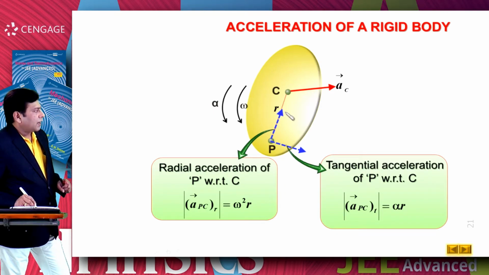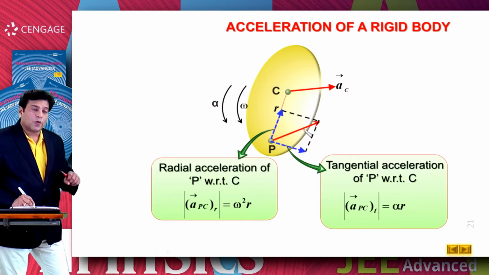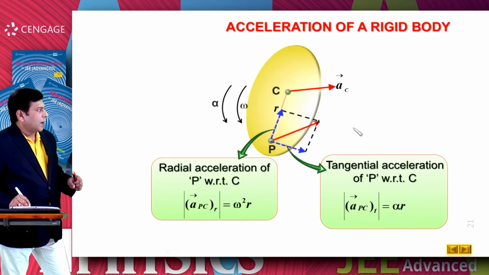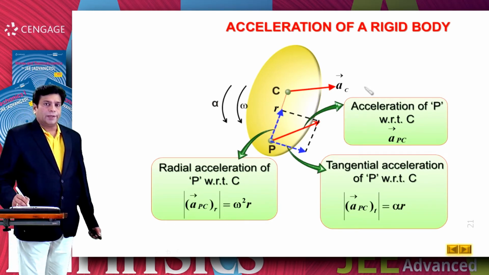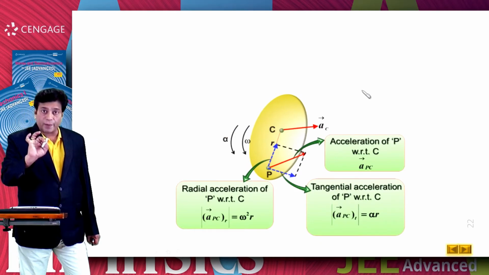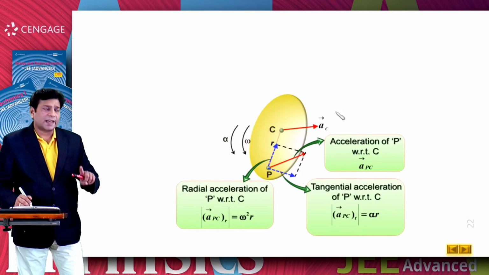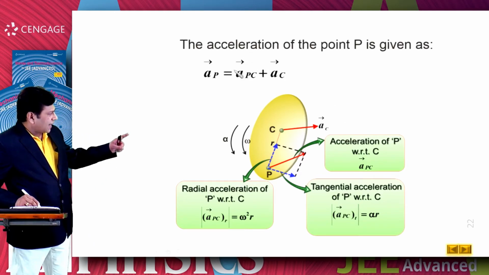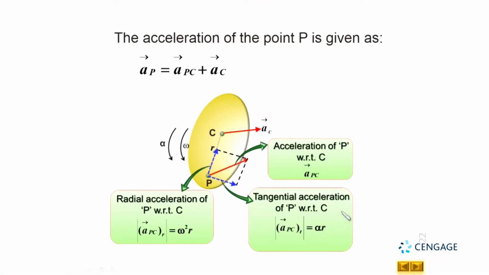Now you can observe these two vectors are perpendicular. For getting the resultant, we can make the parallelogram. This is the resultant vector. This is the acceleration of point P with respect to C, and we can write here APC vector. Now let us make this diagram again. The acceleration of point P can be written as acceleration of point P with respect to C plus acceleration of C. And we know this acceleration of P with respect to C is the summation of these two components, that is the tangential as well as the radial component.